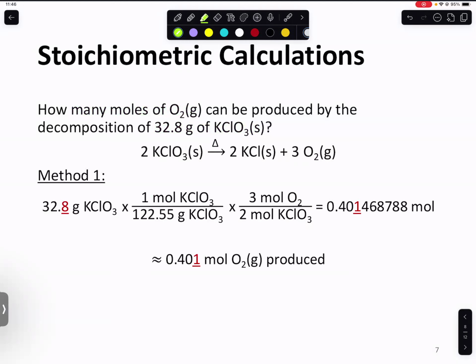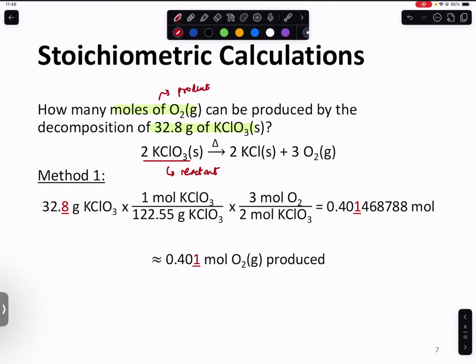So here I'm starting with 32.8 grams of KClO3, and this is here my reactant. Okay, and I want to find the moles of oxygen, which is my product.